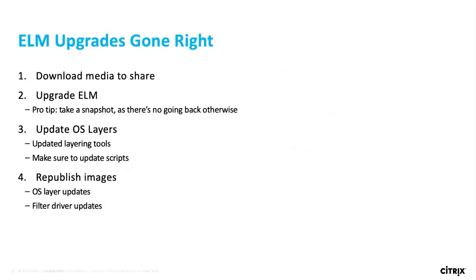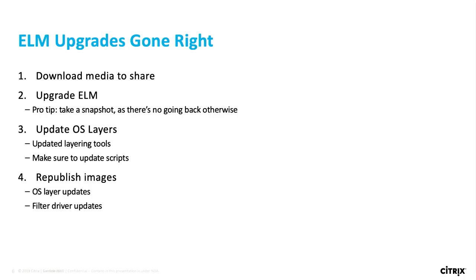This one we're going to go through pretty quick, but this is particularly important given that app layering is really a CR product. So we've been doing releases nearly on a monthly cadence since we last spoke. So making sure that you're keeping the product up to date when you see a new feature that you want or for a fix that you've been waiting for, this is going to be a key process.